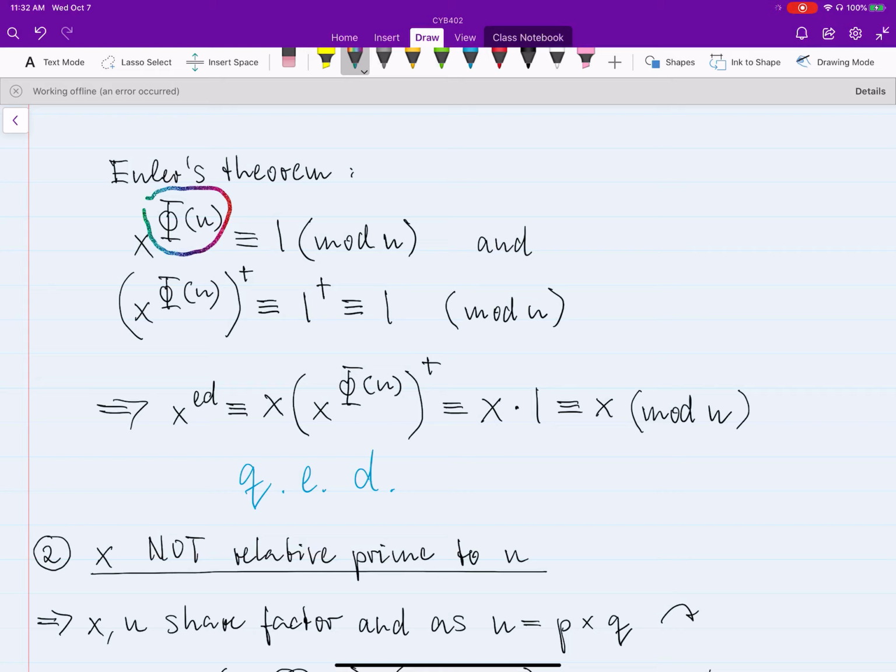So if we raise the whole thing to t, what we get on the left-hand side is this original expression to the power of t. On the right-hand side, however, we get 1 to the t, which is still 1, regardless of how big t is. So what we have shown is that this expression is really 1 modulo n.